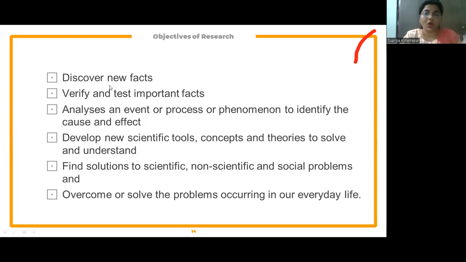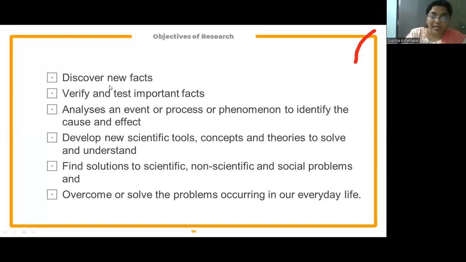What is meant by cause and effect? Let us consider an example of an algebraic expression: x plus 2 is equal to y. We know that x and y are variables, and we can vary their values. x is an independent variable, meaning we can vary the value of x, and due to varying x we get the value of y, which is dependent on x.